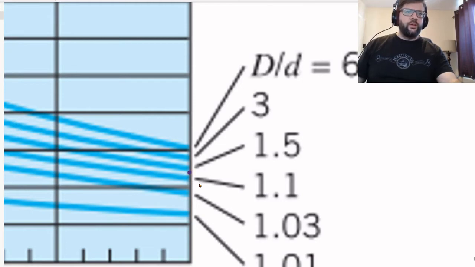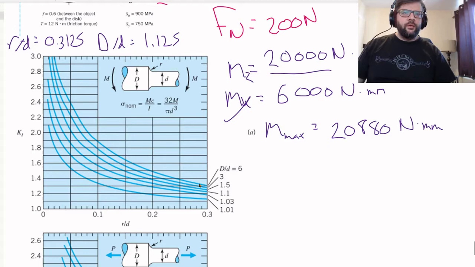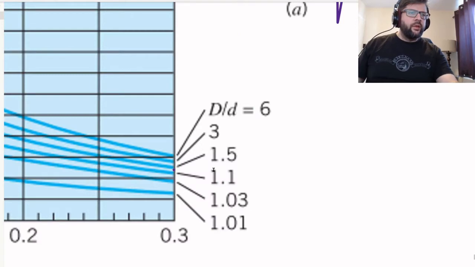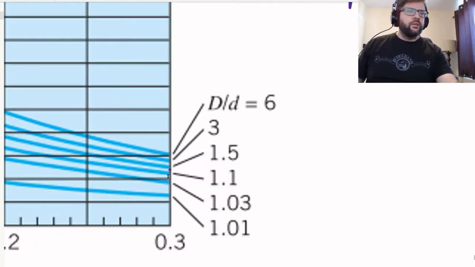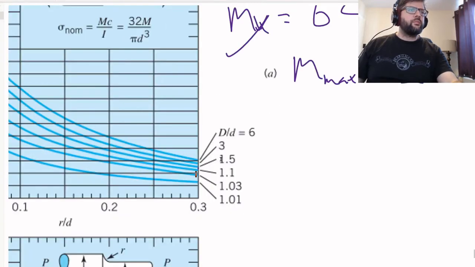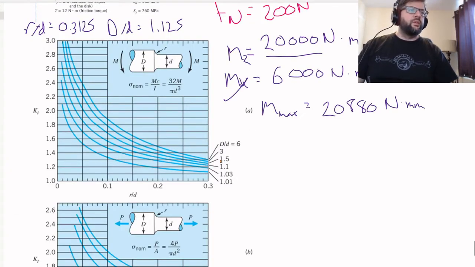I would say that looks to me to be probably about 1.24, my best guess right there. This is a 1.3 line. It's not quite halfway between 1.2 and 1.3. So yeah, 1.24 sounds reasonable. So KT is equal to 1.24.